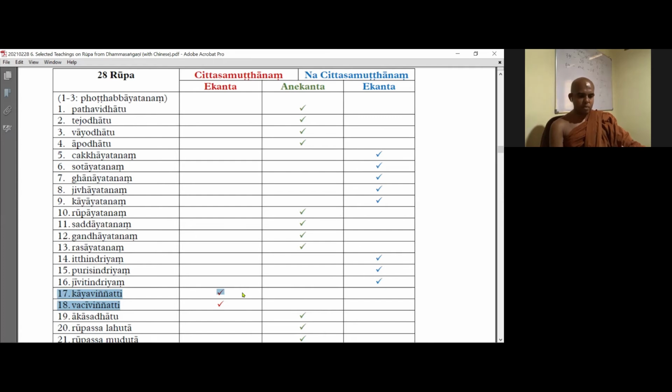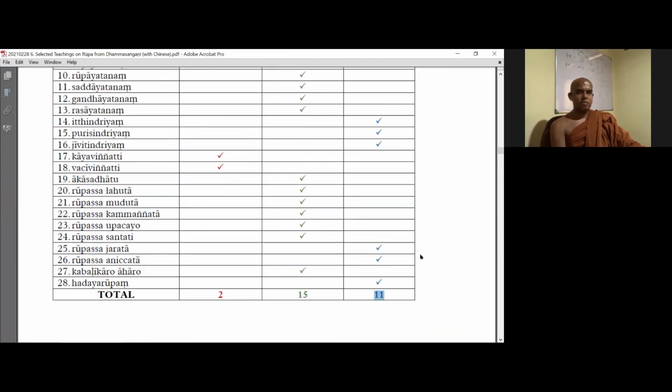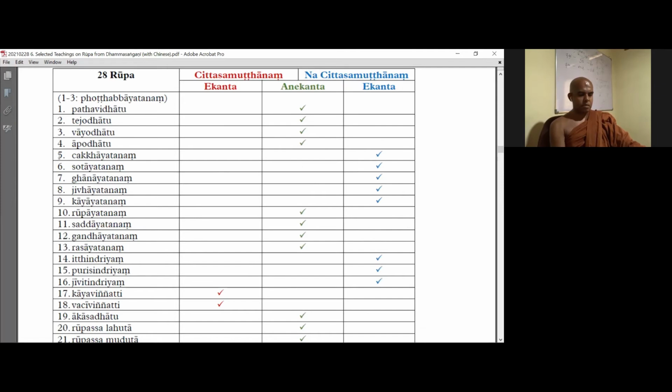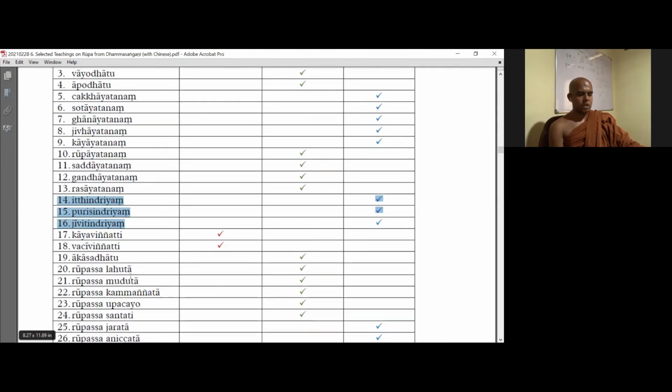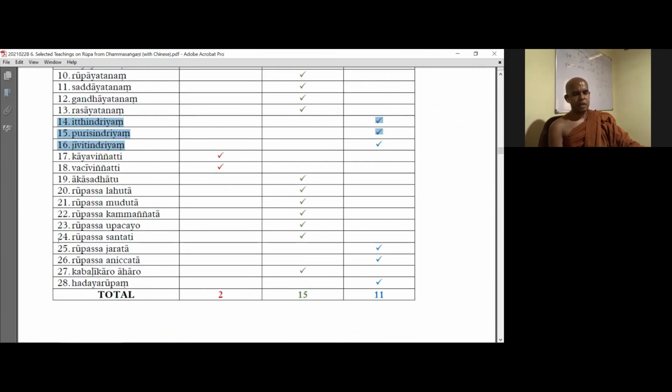In the same way, there are 11 rupa that are not mind-born. What are the 11? There are 5 pasada: chakku, sota, ghana, jivha, kaya. And 3 faculties: itthi, purisa, jivita. In the same way, jarata, anicchata, and heart base. There are 11 rupa we call not mind-born materiality.